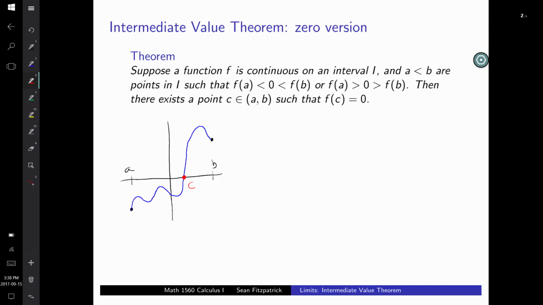And by the way, the intermediate value theorem is why sign diagrams work. This is why, when we plot out those sign diagrams for polynomials and for rational functions, we know that the only place where a sign change can happen is at either a zero, like this, or at an asymptote. And notice that those vertical asymptotes are points of discontinuity.